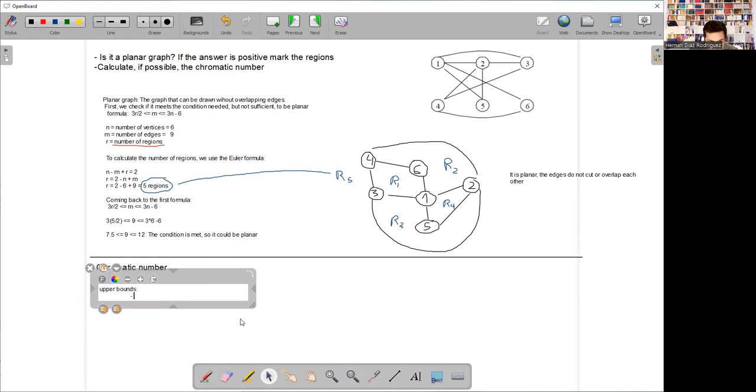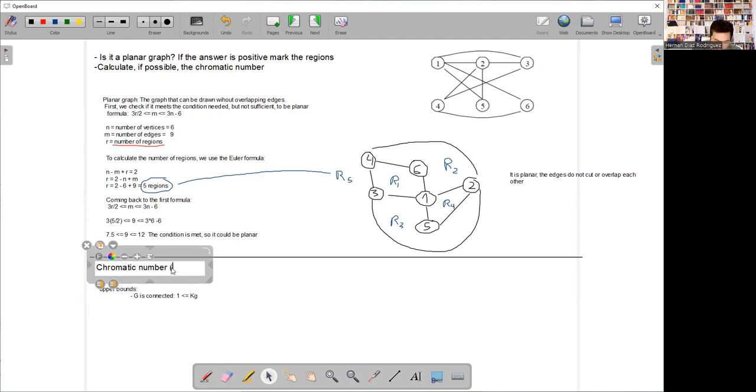So the first says that if the graph is connected, we have a formula that says that 1 is less equal than the chromatic number, let's call it chi sub g, and it's less equal than the number of vertices.